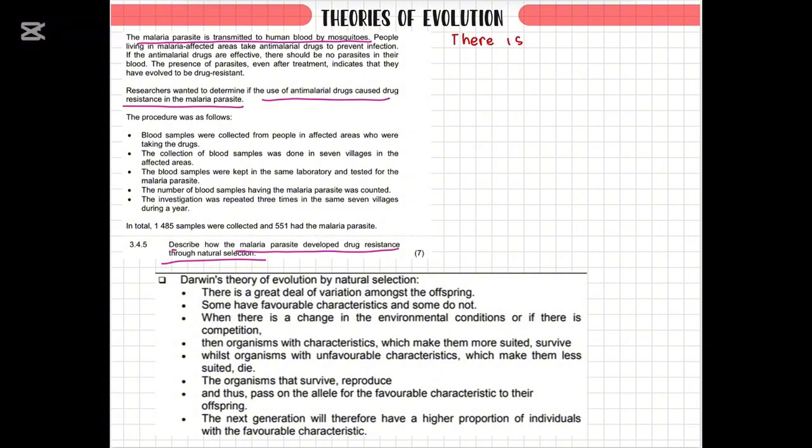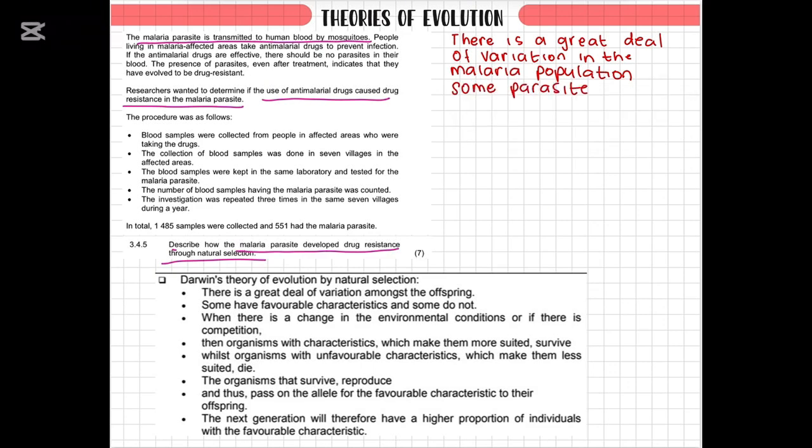First thing that you need to mention is that there is a great deal of variation among the offspring. But in this case, you must be specific that it is the population of malaria parasites. Now we state the variation. So some malaria parasites are drug resistant, and some are not.